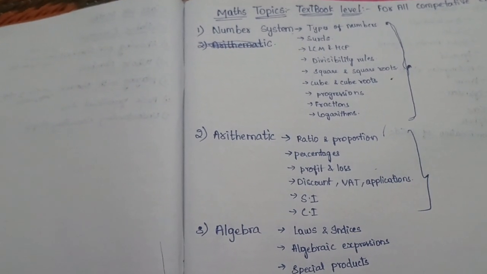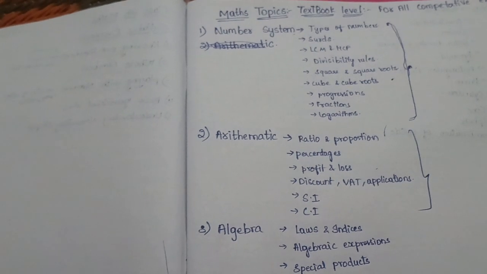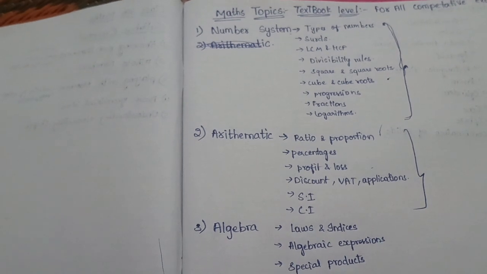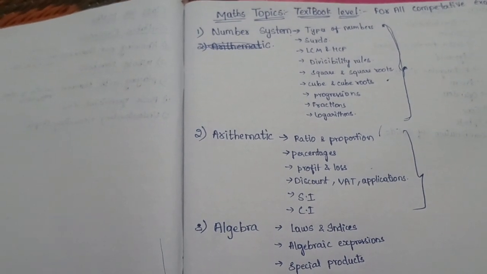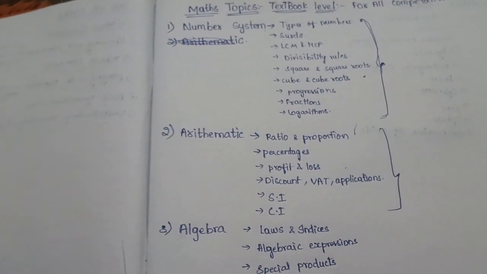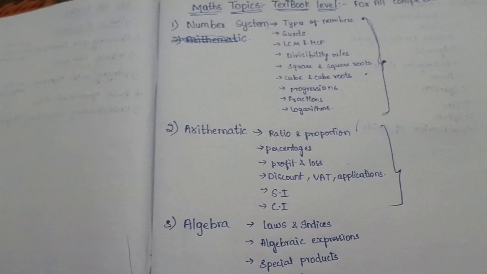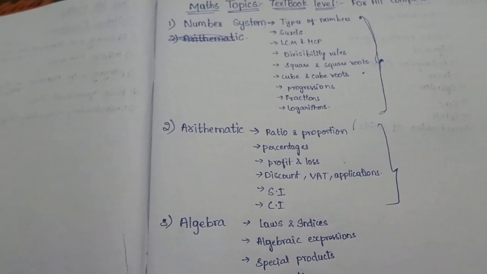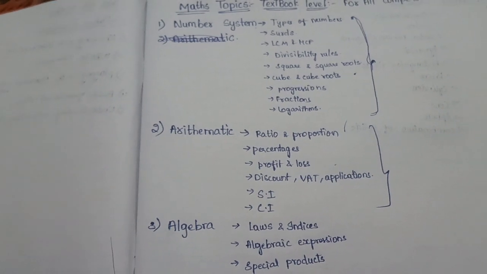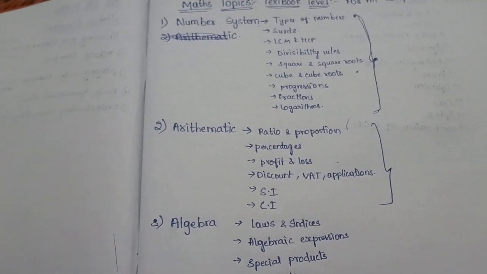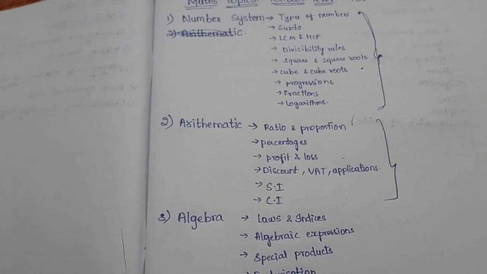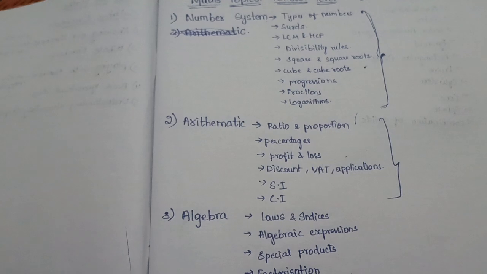So I'm not going directly to the topic, but I want to explain the topic and its in-depth subtopics. At the school level we have number system, arithmetic, algebra, linear equations, plane geometry and mensuration. First we have to complete the school level topics, and then you can go to the advanced levels.